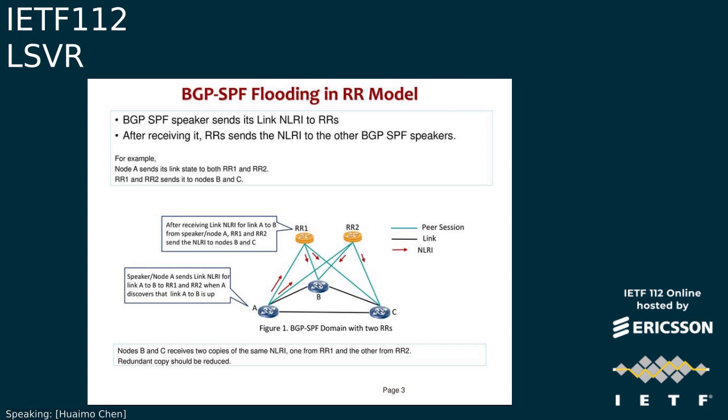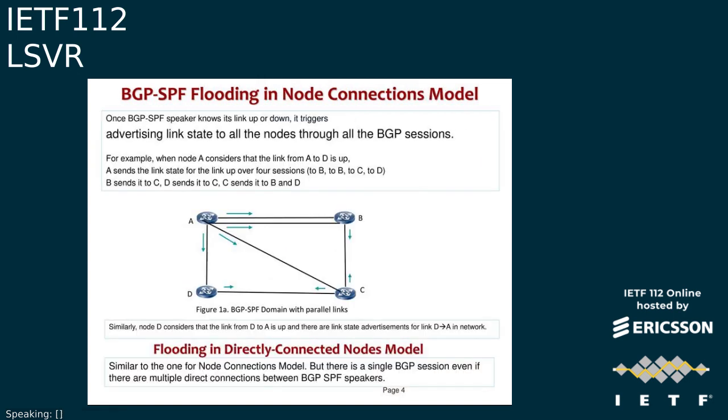Next page. In the existing BGP SPF flooding procedure in node connections mode, whenever a BGP SPF speaker considers its link up or down, this will trigger the advertisement of these link states to all the nodes through all the BGP SPF sessions in the network.